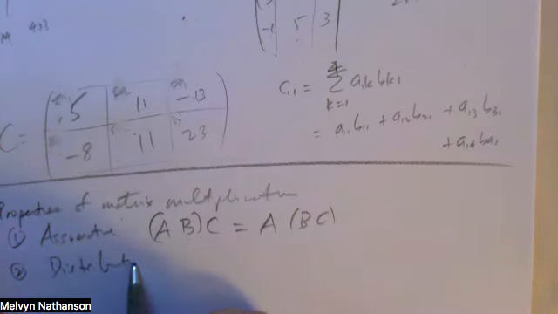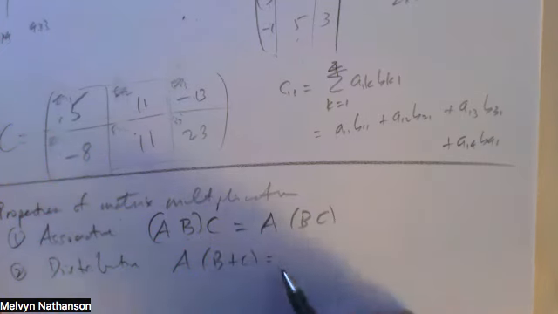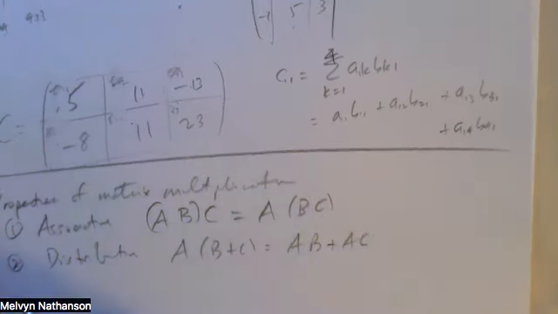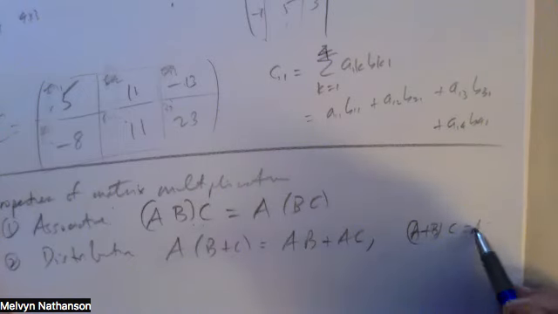It's also distributive. A times B plus C, where B and C have to have the same shape, is AB plus AC. And also, A plus B times C is AC plus BC.